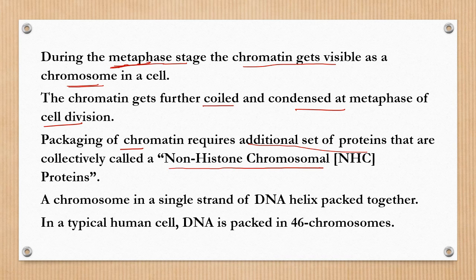Non-histone proteins help in the packing of chromatin, and histone proteins are mainly involved in the packing of DNA in the form of nucleosomes. So a chromosome is a single strand of DNA helix packed together. In a typical human cell, DNA is packed in 46 chromosomes.